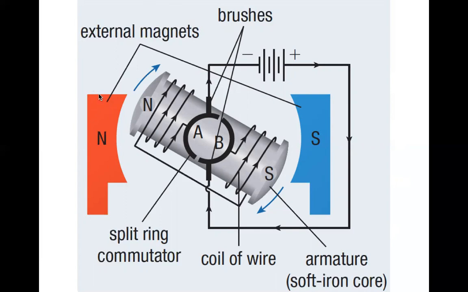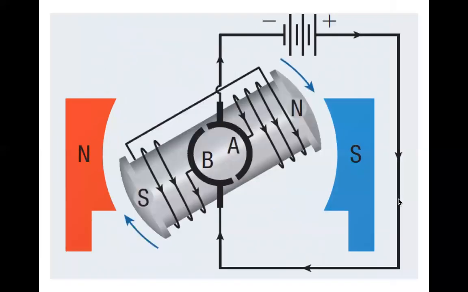So we've got our external magnets, we've got our battery, we've got conventional current, we've got the split ring commutator, parts A and B, the brushes here and here, which make contact with the split ring commutator, and the coil of the wire, and the soft iron core, or you could say the armature. So make sure you know how to label and explain the different parts.